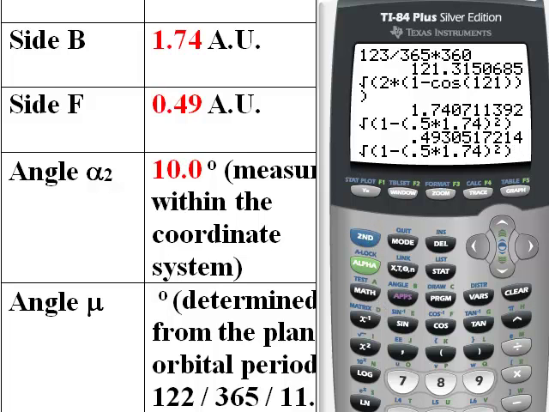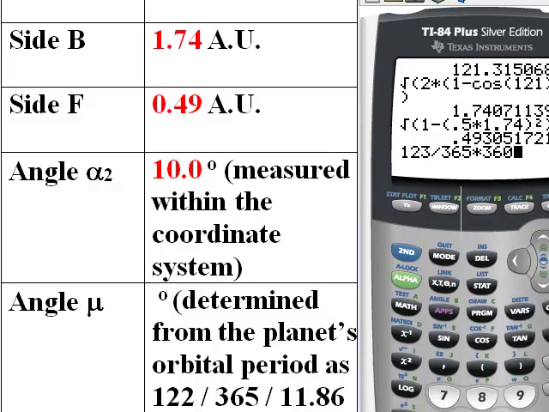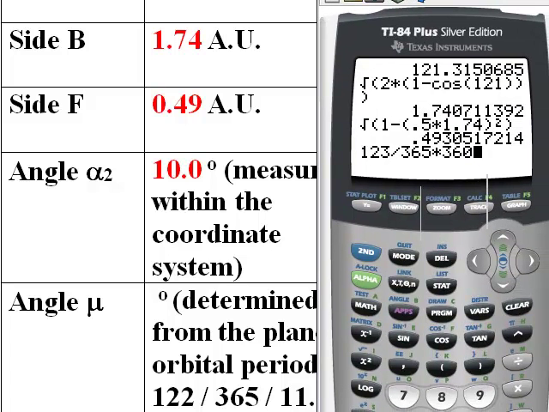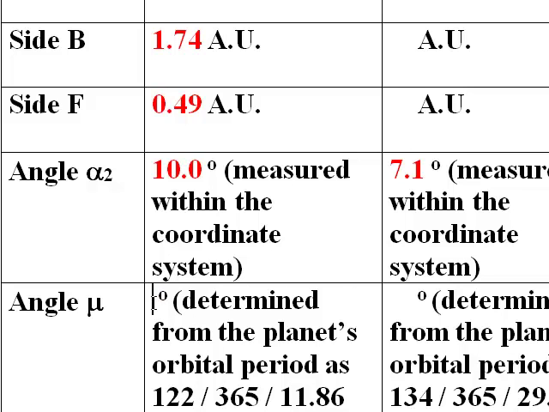The formula is almost the same as the very first one I used, except I have to divide by Jupiter's period, which is the time of 11.86 years that it takes to orbit the Sun, and that will tell me the angle that it moves through during that amount of time, so 10.2 degrees.